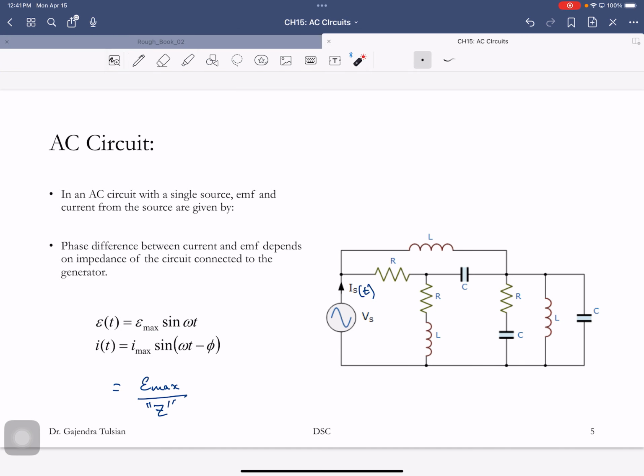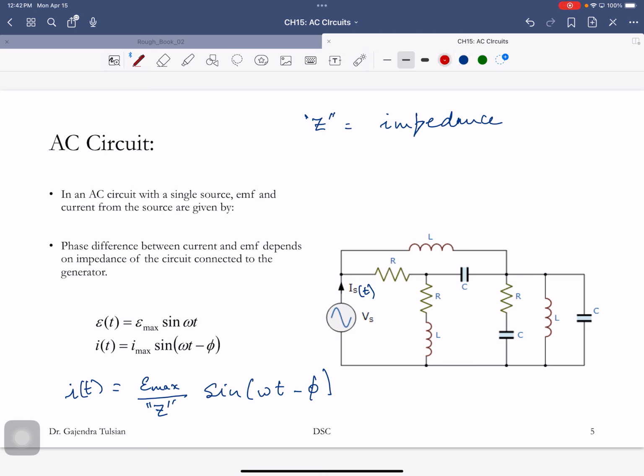So the current being delivered to this circuit is the voltage amplitude divided by Z. That'll be the impedance of the circuit. So Z is the generalization of resistance, and it's called impedance. So there's the amplitude of the current, and then sine omega t minus phi.